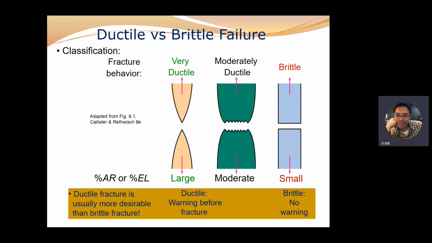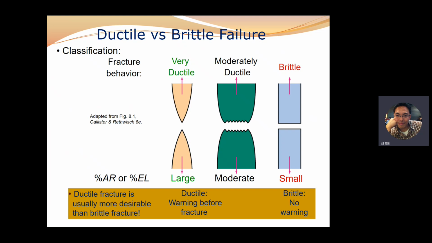And those ductile behaviors provide a warning before fracture. Otherwise, brittle fracture is without any warning before fracture, right? So you are going to fail and cause a catastrophic disaster. Therefore, we cannot use brittle materials to build a house, a car, or any vehicles, right?